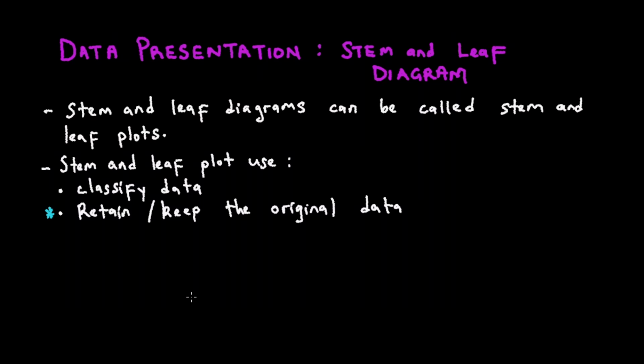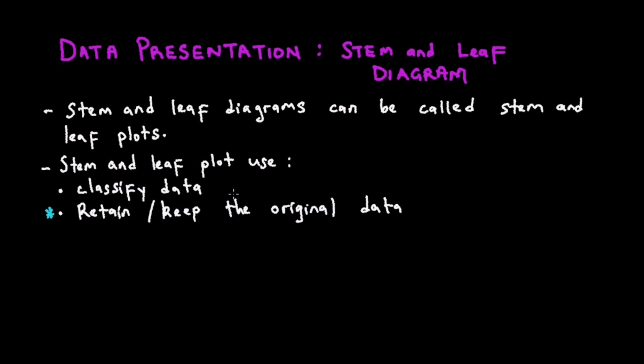But when we plot a stem and leaf diagram, we are going to keep the original data. Saka this is more like a superpower of stem and leaf diagrams, the ability to keep the original data. Whereas amwe visual aids, amwe data presentation methods, we lose the original data.